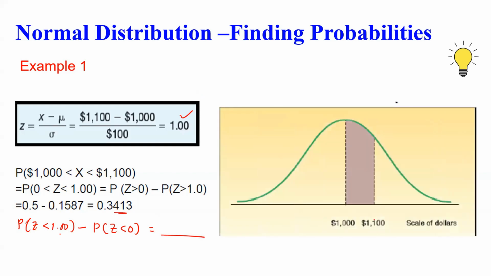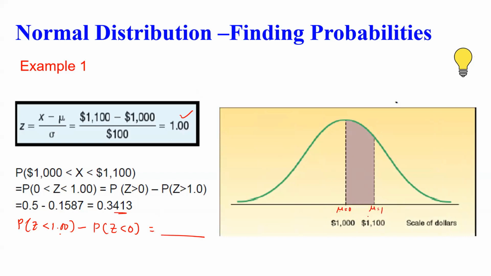You can see the normal distribution curve here. This is your mean value, which is 0, and this is your given value based on the 1,100, which is 1.